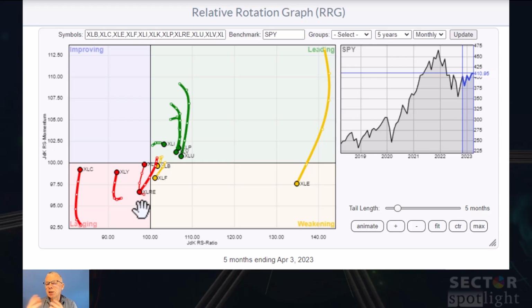Because if you really wait for a monthly tail to cross over or get into the leading quadrant or into the lagging quadrant, you're probably very, very late. So I'm using the tails on monthly RRGs to help me find turnaround situations.